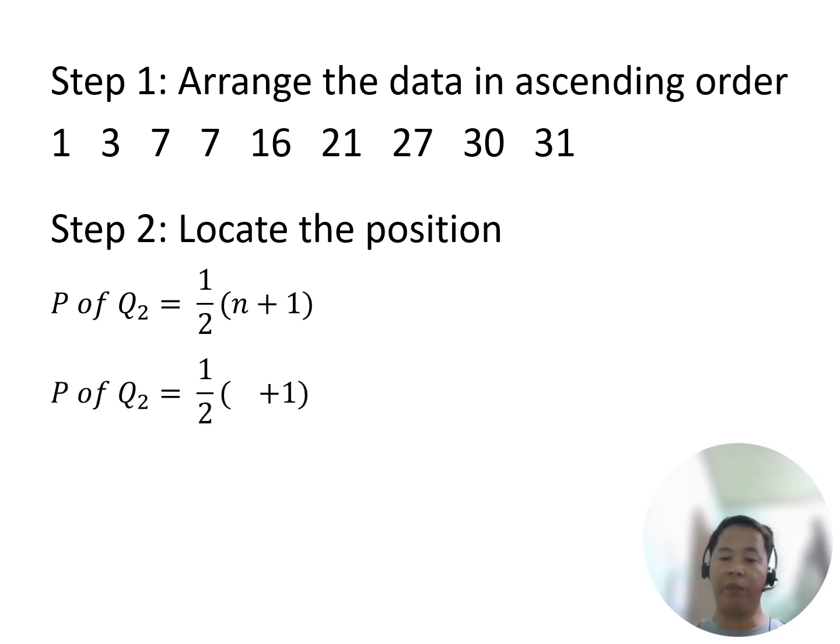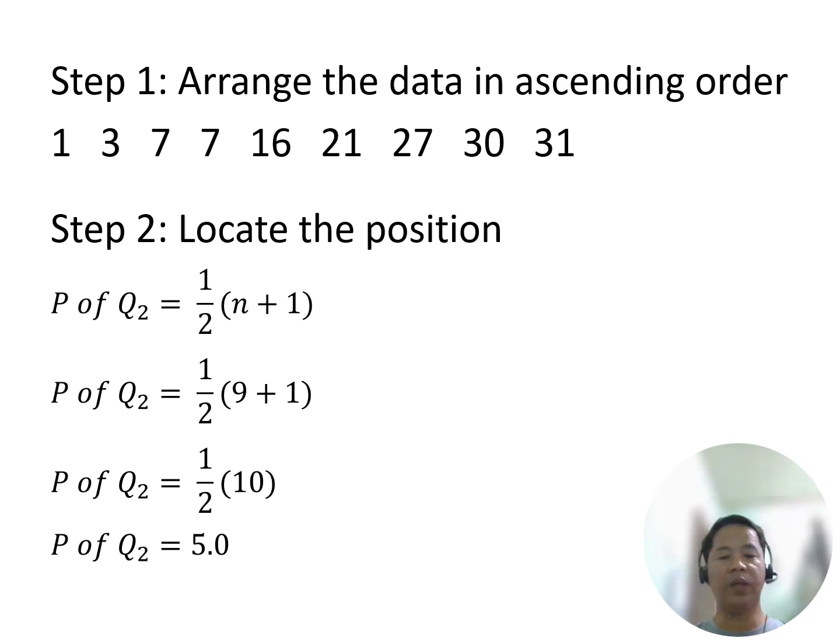So what is the value of our n, or how many data do we have? We have 9. Therefore, adding 9 plus 1 will give us 10, and to get the position of the second quartile, we'll simply get half of 10, and that is equal to 5.